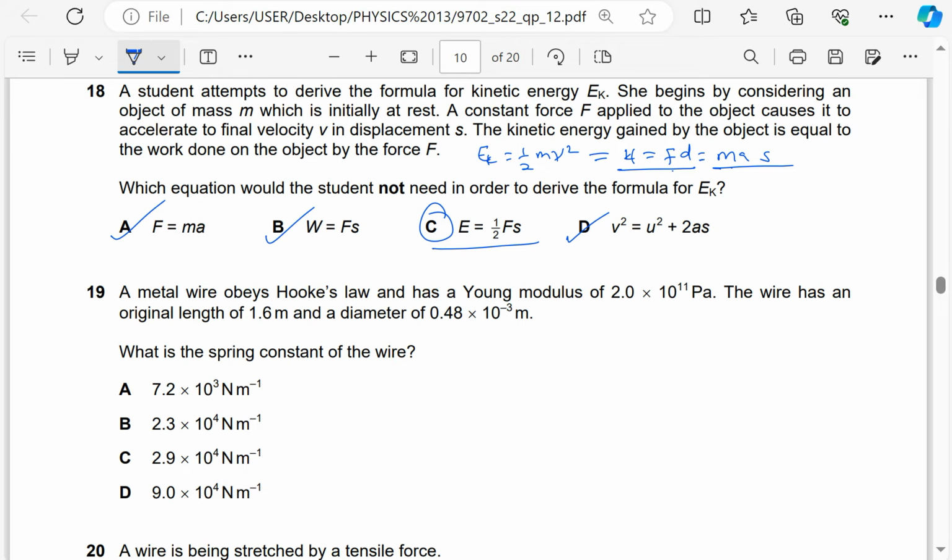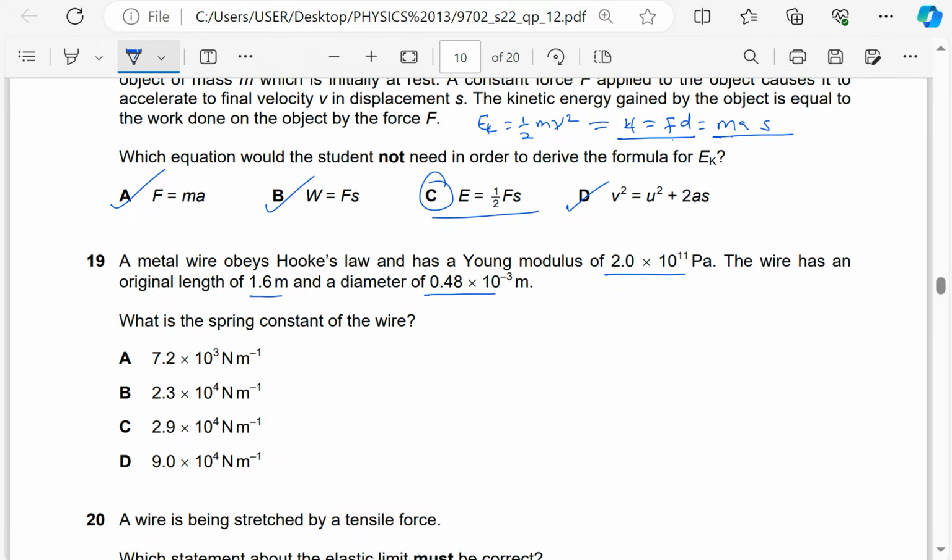A metal wire obeys Hooke's law and has a Young modulus of 2 times 10 to the power 11 pascals. The wire has an original length of 1.6 meters and a diameter of 0.48 times 10 to the power of minus 3 meters. What is the spring constant of the wire?